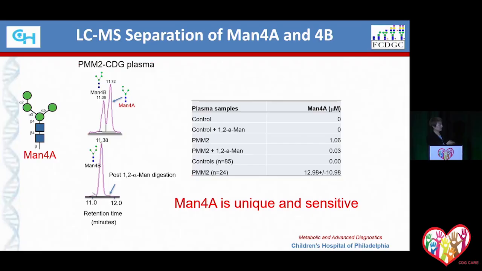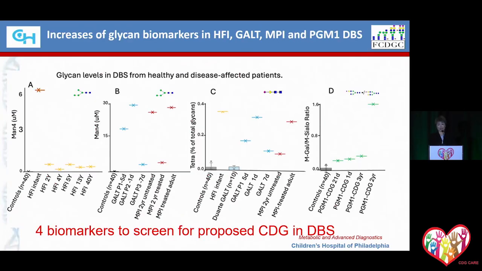We can find the level very, very high in PMM2. So now we have biomarkers that are highly sensitive and highly specific. Now we are ready to look at DBS collected from HFI, GOT, MPI, and PGM1 patients.